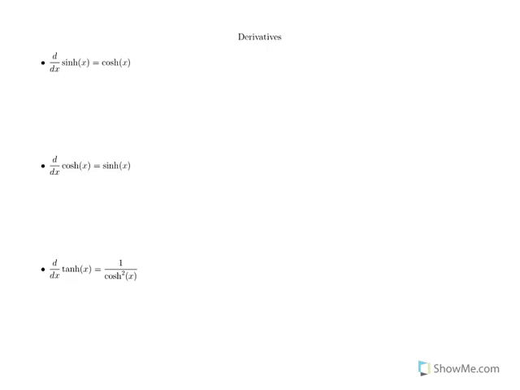We have the derivative of sinh, when we use the definition, is going to be the derivative of e to the x minus e to the negative x over 2.